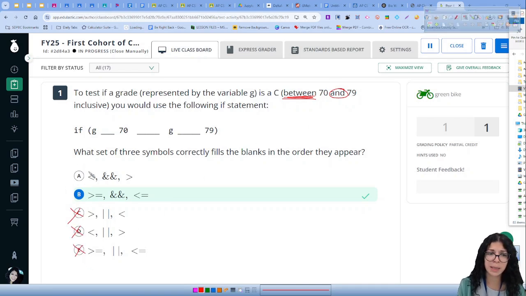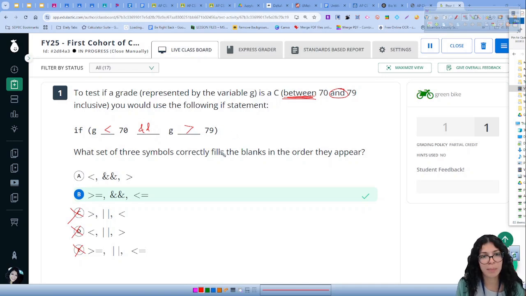The only difference between A and B is that A is saying less than, and it's not including the equal to, okay? But A is saying first a less than, then an and symbol in between here, and then a greater than. No number would ever fit in this category. A number that is both less than 70 and also bigger than 79.